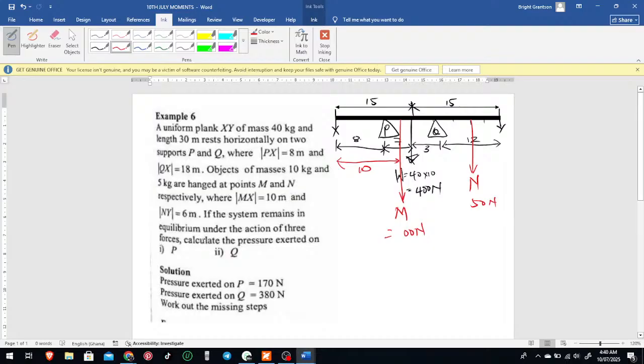And also, they didn't talk about reactions. And let's discuss. It says if the system remains in equilibrium under the action of these three forces, calculate the pressure exerted on P and Q. So, what do you think? So the pressure is equal to force over area.